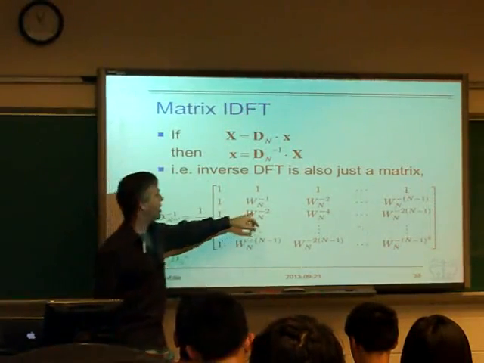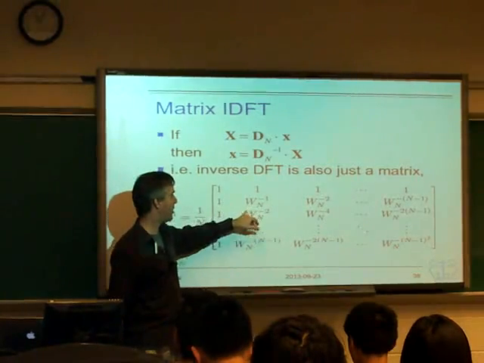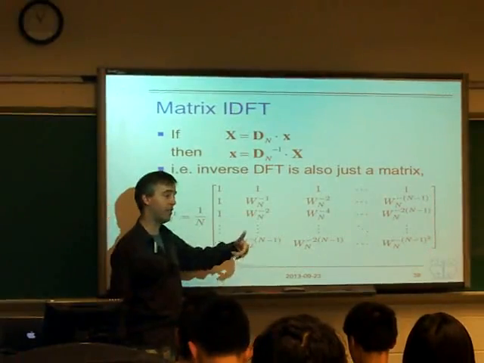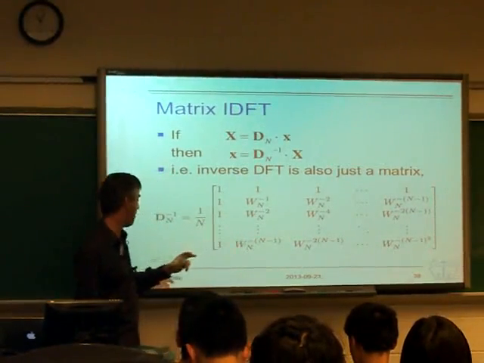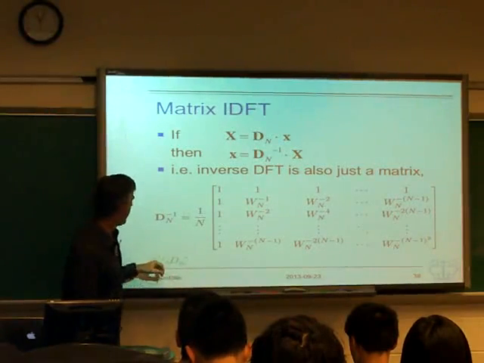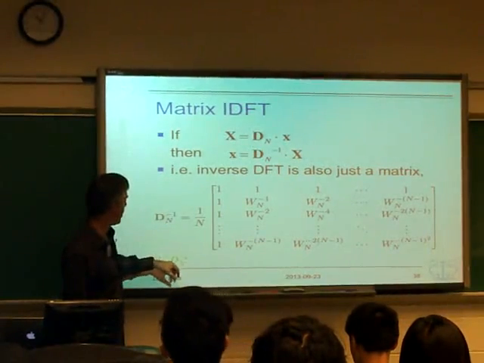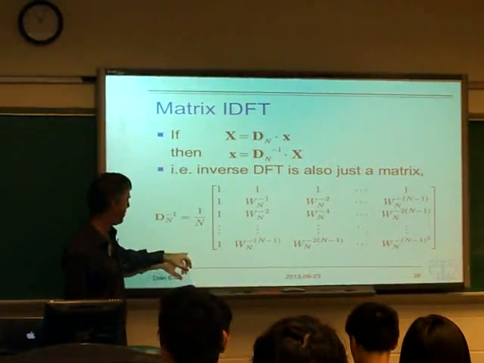So negating the exponents of these terms, remember this term is just a unit length complex vector. So raising it to a negative power is the same as conjugating it. And so D sub N to the minus 1 is just 1 over N times D sub N conjugate.